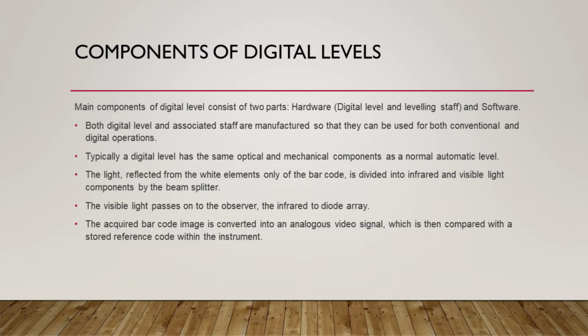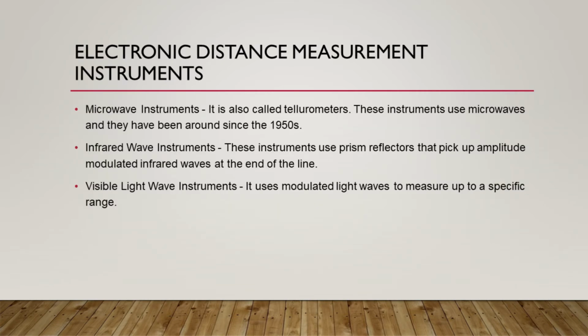The light reflected from the white elements only of the barcode is divided into infrared and visible light components by the beam splitter. Fifth, the visible light passes onto the observer, the infrared to the diode array. And last, the acquired barcode image is converted into an analogous video signal, which is then compared with the stored reference.